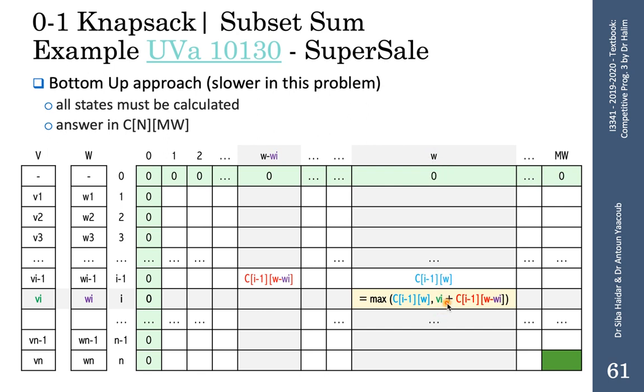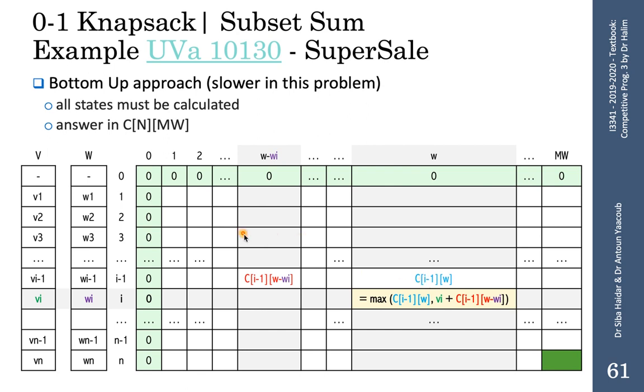So it is equal to the maximum value of the current item added to the value that was here, at the column W minus WI, or I don't choose it at all, so it will be equal to the previous item's value at the same used weight, regardless of how this value was calculated.